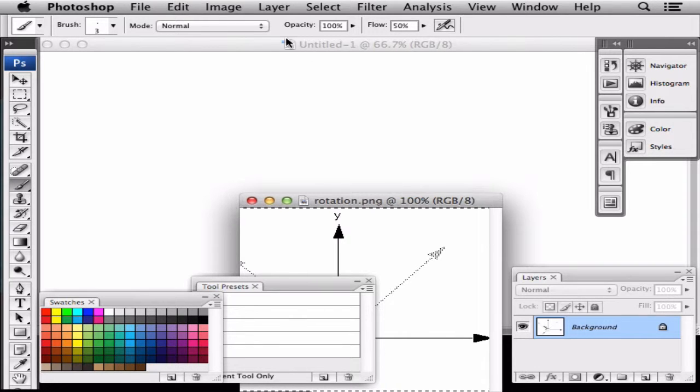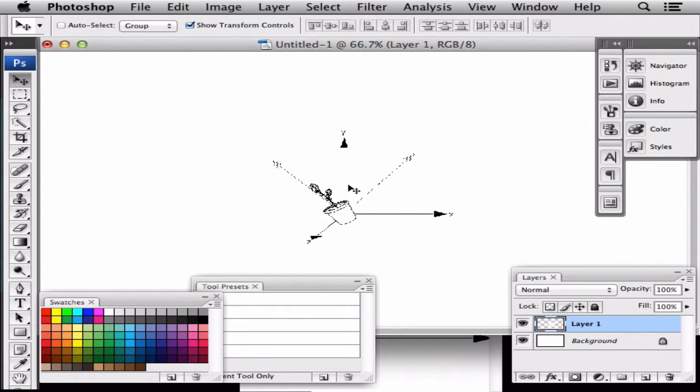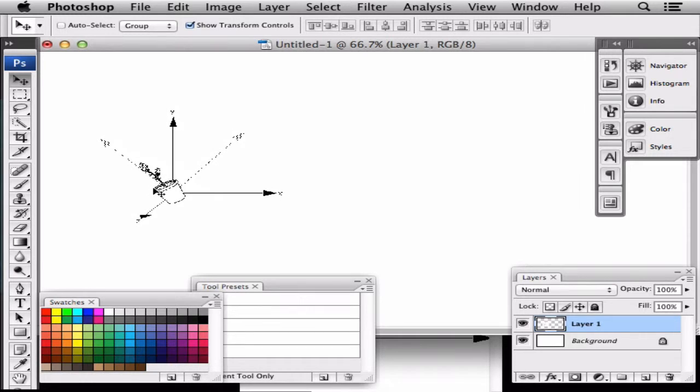More specifically, we try to do exactly what is done in this image, that is rotation around the z-axis.